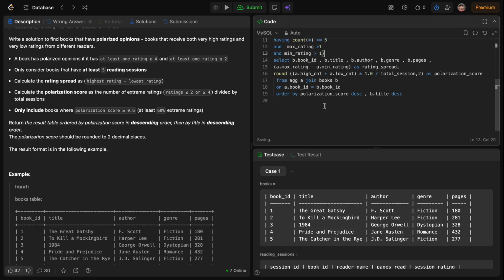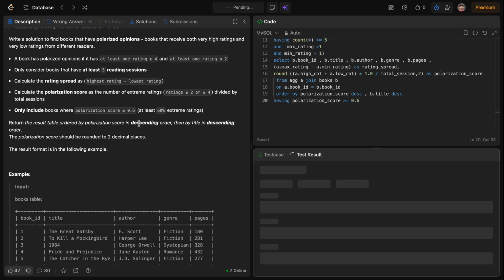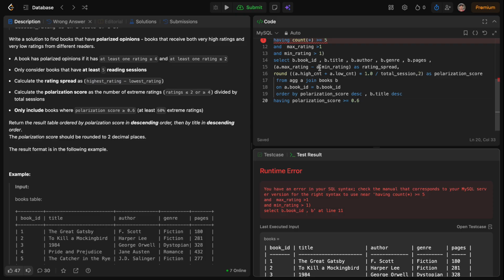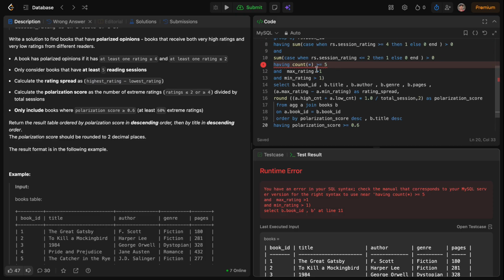And for the polarization score, on this ORDER BY, having the polarization score should be greater than or equal to 0.6. Okay, now run this and let's see, is there still any issue? HAVING COUNT asterisk greater than 5, why?